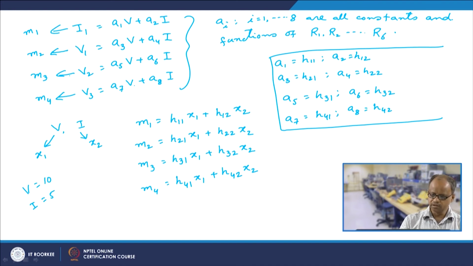So, if I put x1 equal to 10 and x2 equal to 5, and H11, H12 everything is known, then this expression will give me the ideal value.